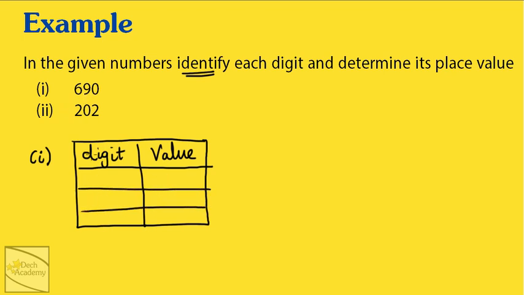So in this number, we have 3 digits, 6, 9, and 0. And 0 is in the units place, 9 is in the tens place, 6 is in the hundreds place. And the rule is that for digits in the hundreds place, you multiply by 100 to get the value. For digits in the tens place, you multiply by 10 to get the value.